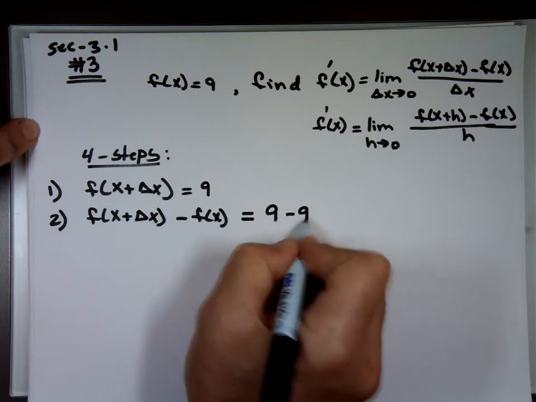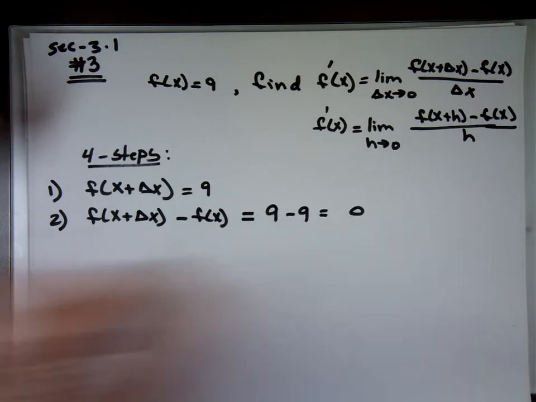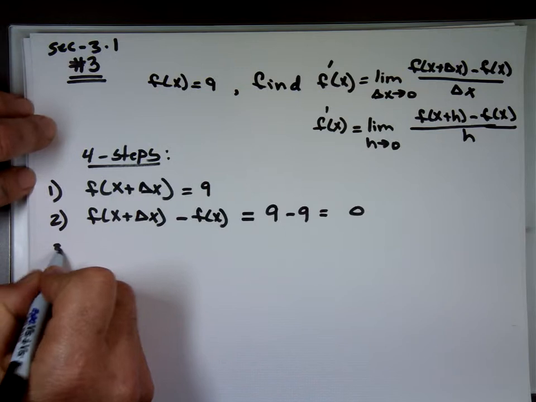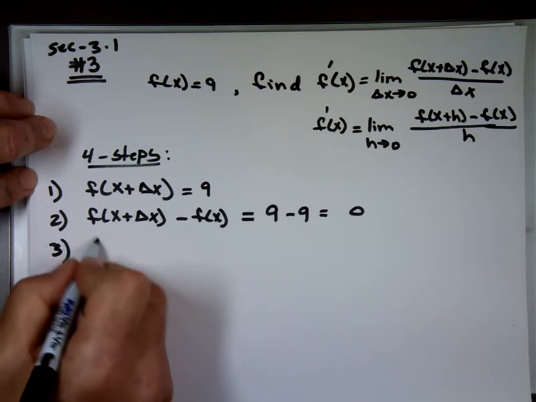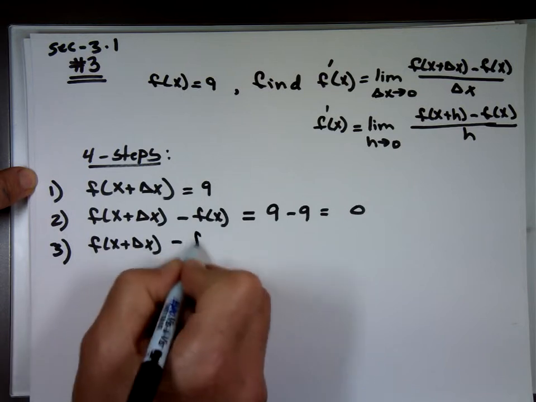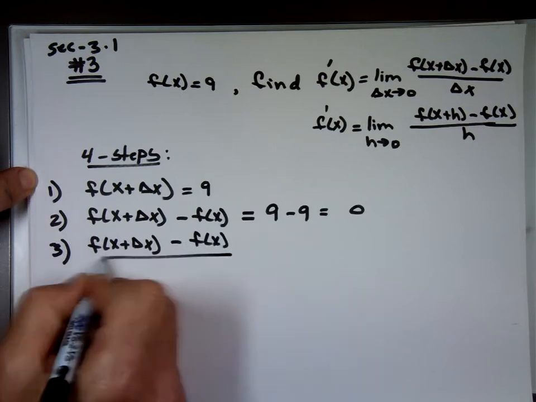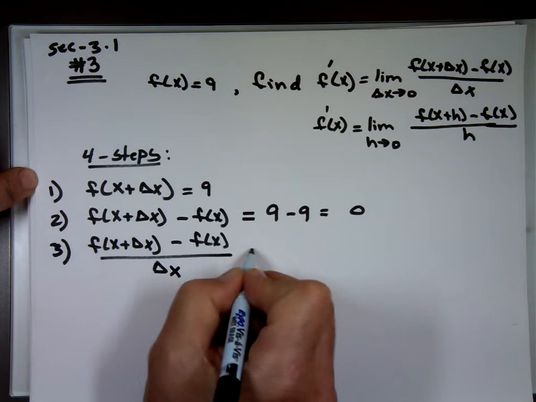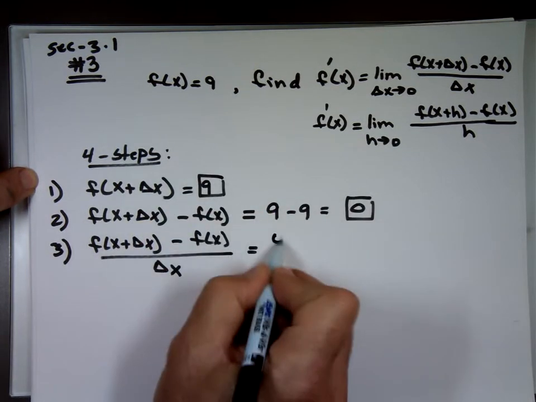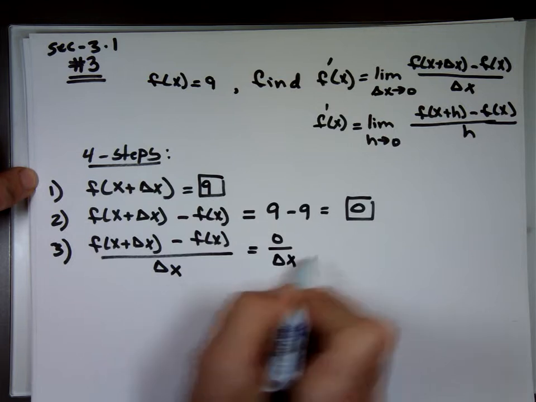9 minus 9, which is what? 0. Step number 3, f of x plus delta x minus f of x divided by delta x. Take the answer from step number 2, which is 0, divided by delta x, and what are you going to have?